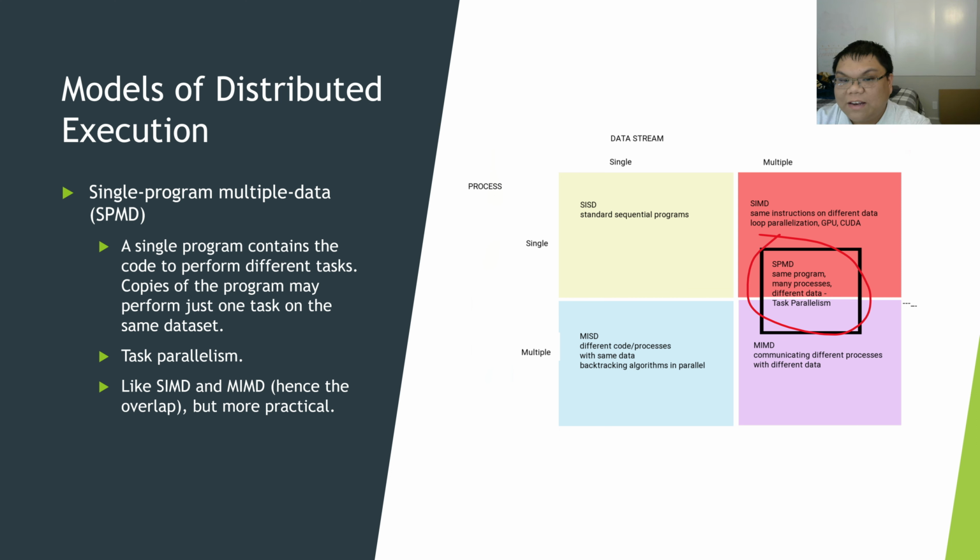I will say right now that both OpenMP and MPI are capable of SPMD, and that's because we can specify different tasks in the code to do different things. That's exactly what we did with the MPI sieve.